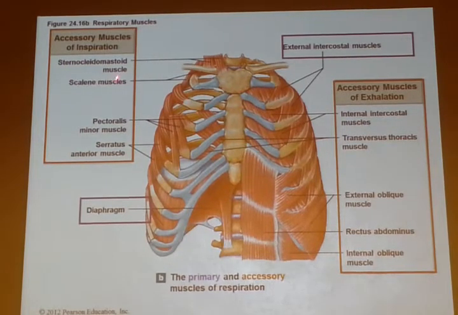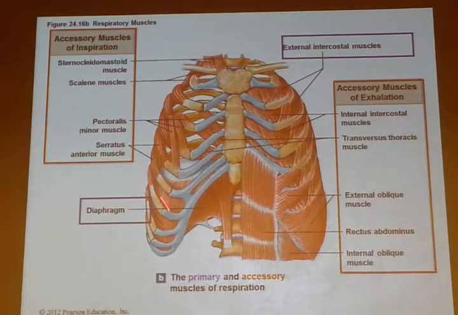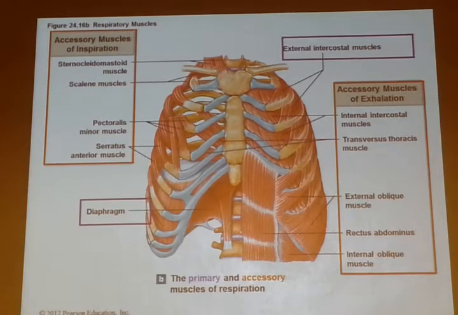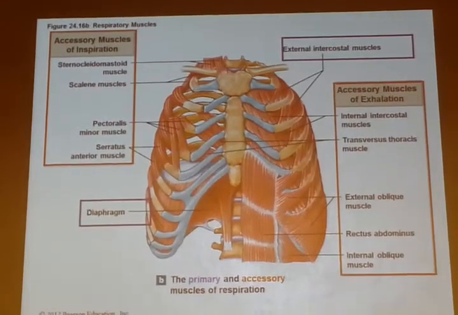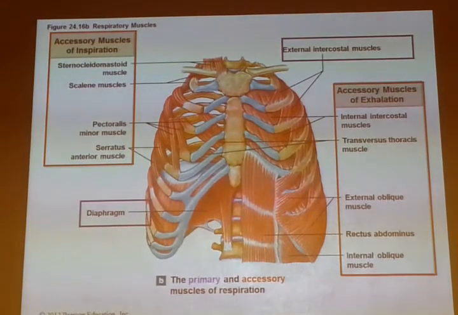So sternocleidomastoid, your scalenes, which are attached to your upper ribs, pectoralis minor, which is attached to your upper ribs, and serratus anterior, which is attached to your lower ribs. Pectoralis minor and serratus anterior are stabilizers for your scapula. So as long as your scapula is stabilized by your rhomboids and your trapezius, then you can use your pectoralis minor and serratus anterior to pull on the ribs.